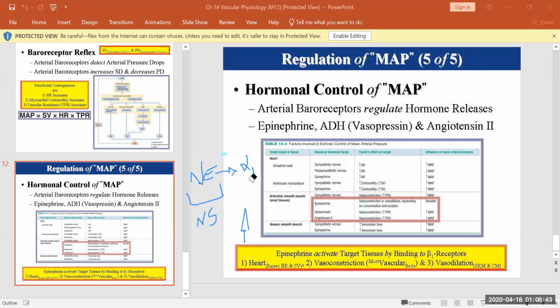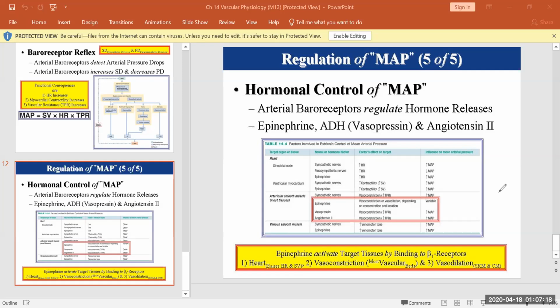Okay, so let me repeat to summarize here. I know it's a lot of information, but if I can do it, so can you, okay? Okay, here it goes. So when the sympathetic division is activated, right, we can have norepinephrine released by the postganglionic neurons, or we can have epinephrine released by the adrenal medulla. Okay?